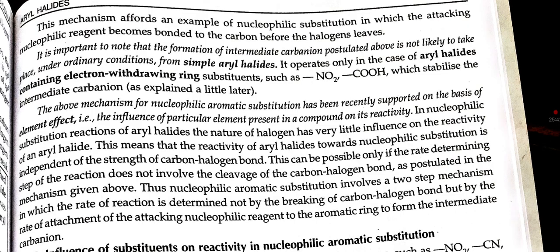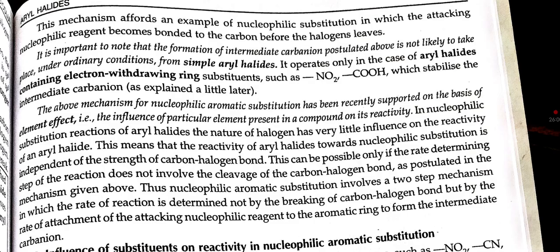It is important to note that the formation of intermediate carbanion postulated above is not likely to take place under ordinary conditions from simple aryl halide. It operates only in the case of aryl halide containing electron withdrawing ring substituents like NO2, COOH, which stabilize the intermediate carbanion.